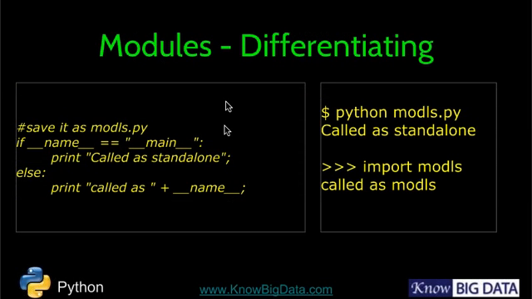So when you import, say we import that modules.py. Let's say we saved this file as modules.py. When we run that program just like this, this gets printed, called from this. But if we say import this, then this will be called. That's the only difference between importing and running a program.